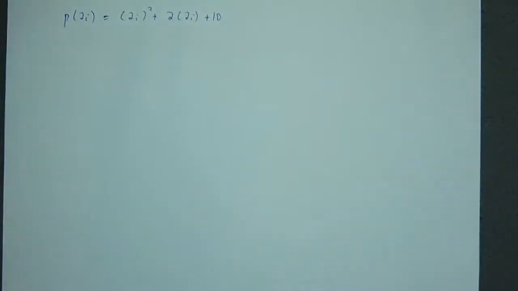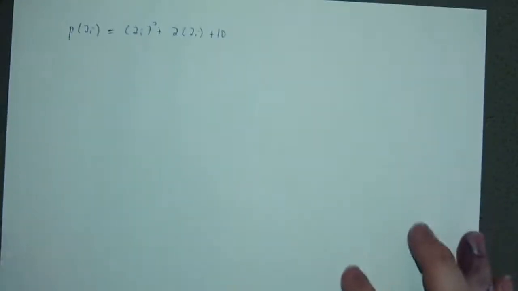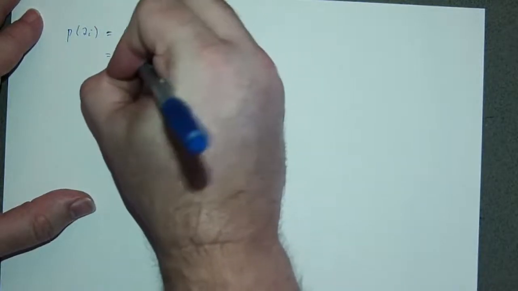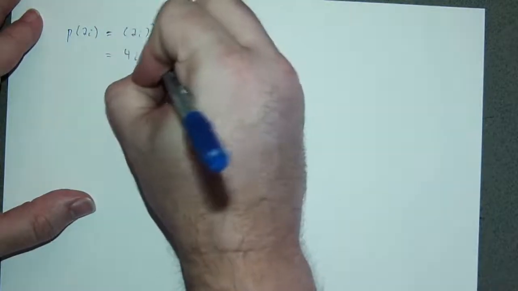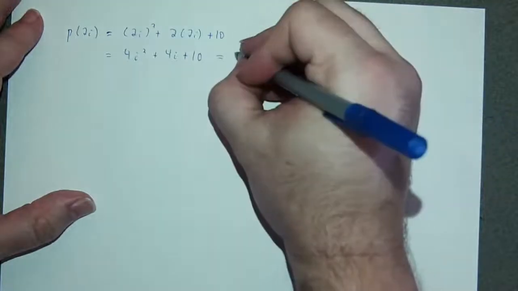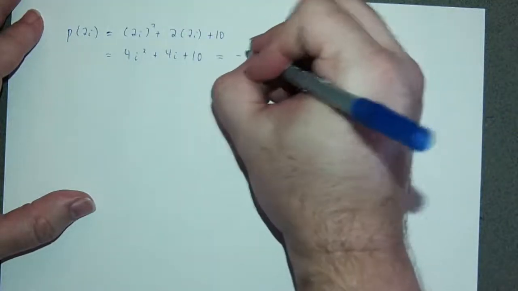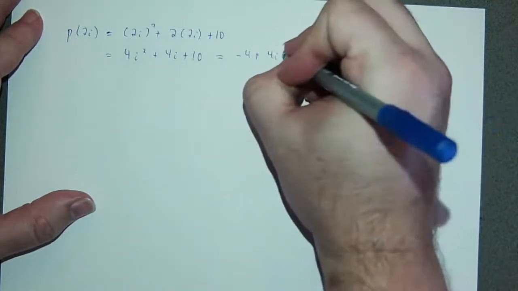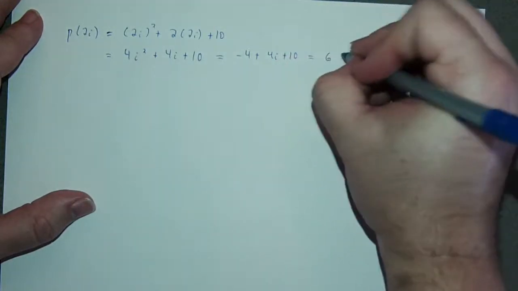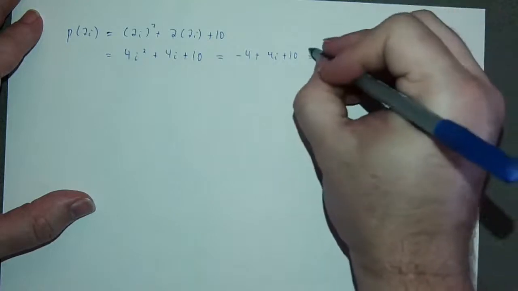Right? So what is this? This is 4i squared plus 4i plus 10. But i squared is minus 1, so this is minus 4 plus 4i plus 10. So this is 4i plus 6, or 6 plus 4i.